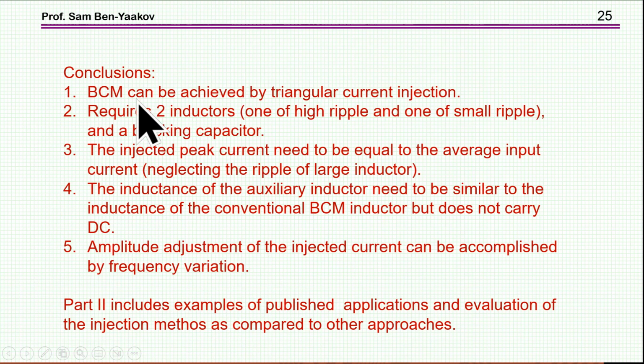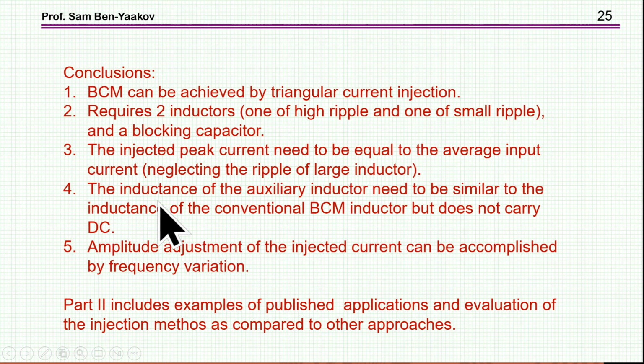So let me summarize this part 1. We see that the BCM can be achieved by triangular current injection. It requires two inductors, one with high ripple and no DC, and one with small ripple with DC. And then it needs a blocking capacitor to carry the ripple current. And then the injected peak current needs to be equal to the average input current, in order to make sure that you have the negative part.